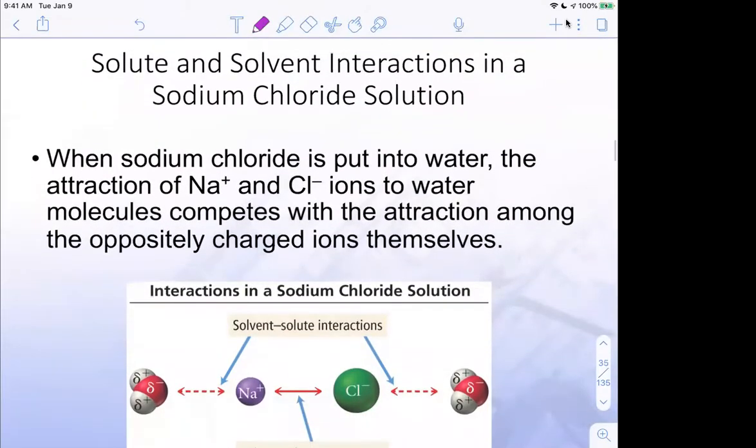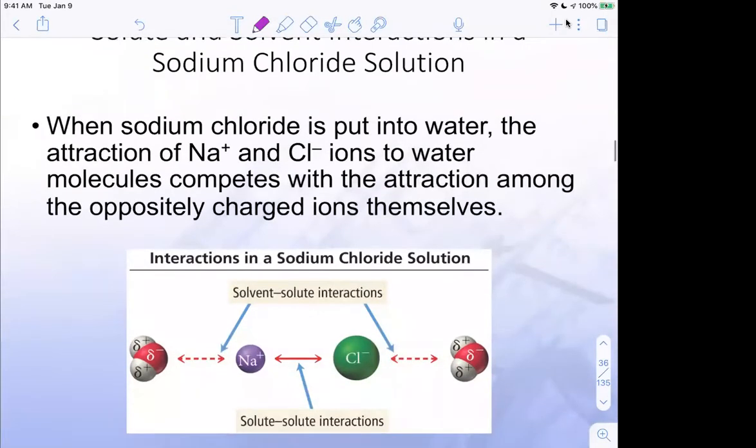Now, when sodium chloride is put into water, the attraction of my positive sodium cations and my negatively charged chloride anions is going to compete with water molecules in order for them to dissolve.